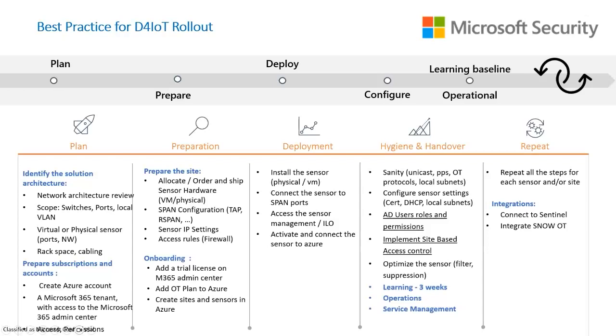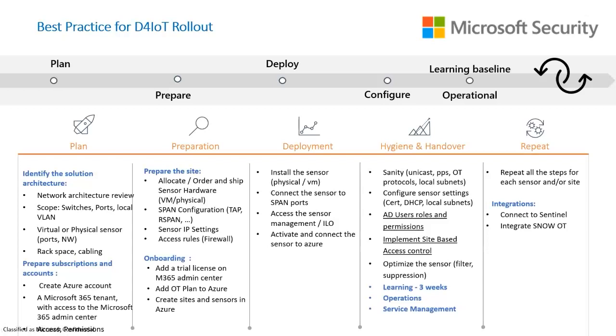Preparation phase is when we want our customers to think about how they would prepare the site to receive the sensor, or in other words, the sensor type or the sensor profile that they identified in the planning phase. I'm going to talk more about sensor profiles in the next few minutes. So the sensor profile they identified, the ordering of that happens in the preparation phase.